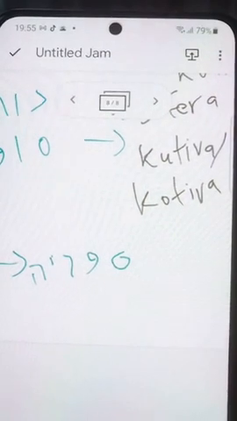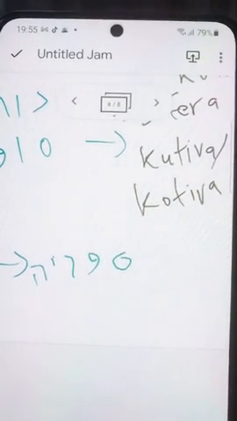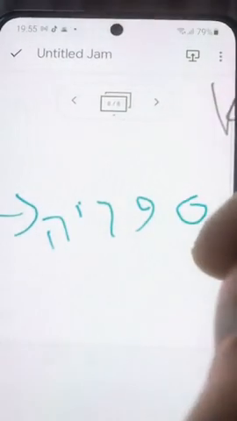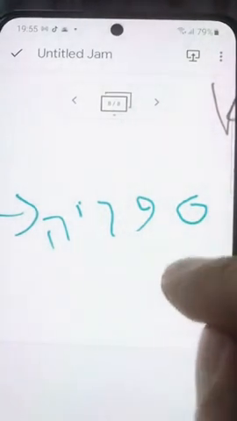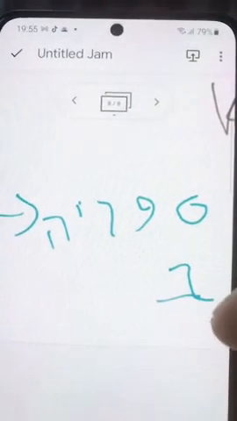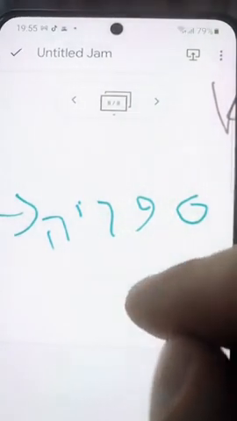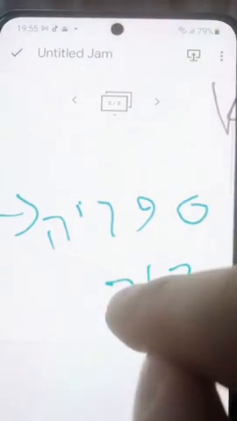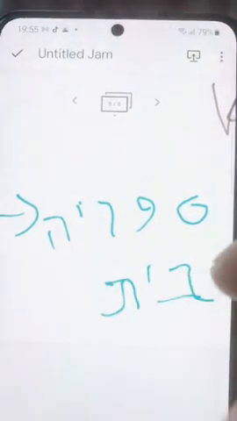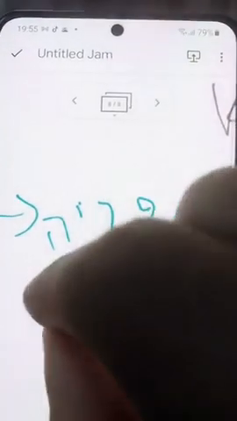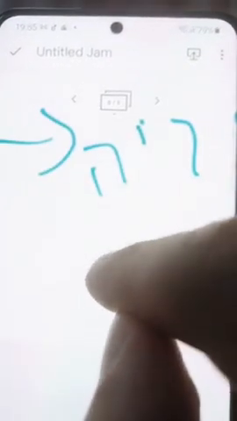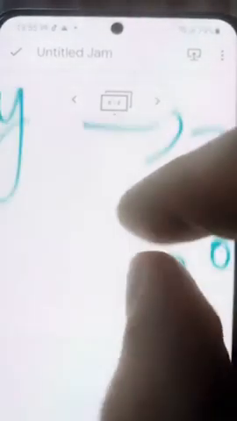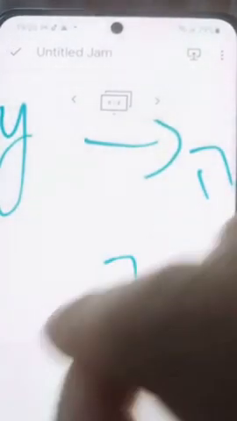So letter. For letter, oh, there's a different root. Very interesting. Very interesting. Let me write it first in the Hebrew section so I don't forget. So the root is like this.